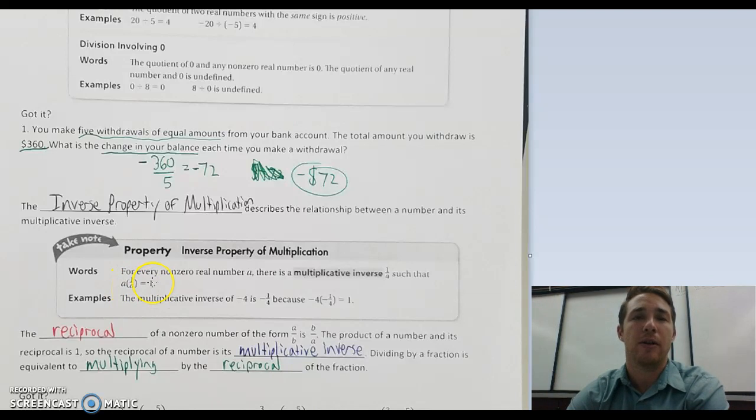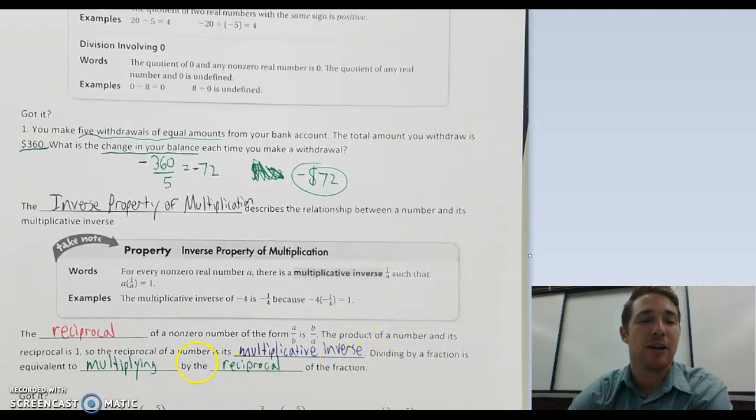Compare that to when I use an additive inverse, that would be 0. So the reciprocal of a non-zero number, if I start out with the form a over b, is just flipping that, doing b over a. So the product of a number and its reciprocal is always going to be 1, so the reciprocal is our multiplicative inverse. Can't say that word.